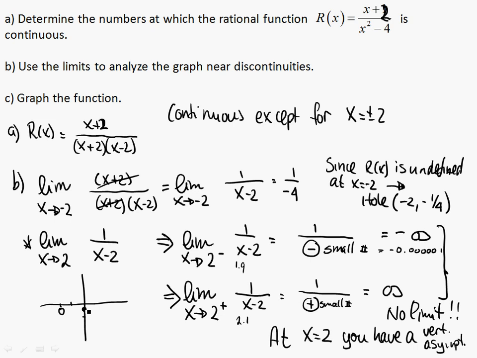It's negative half, that's a real point. And at 2, what do you get? Vertical asymptote? There's the graph. Okay, so this is graphing a rational function based on asymptotes, based on limits.